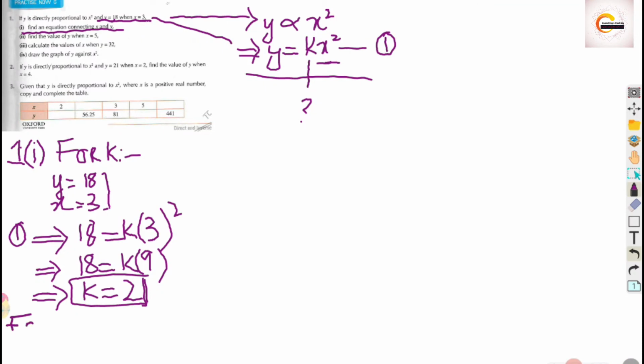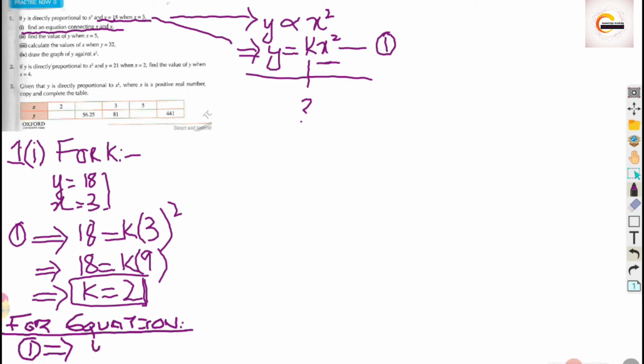For the equation, now we know the value of k and we will put this value of k in our equation number 1 and we will get the equation that will connect y and x.